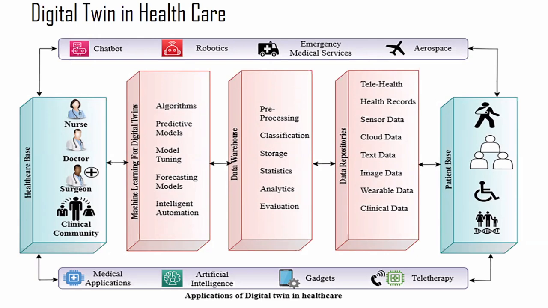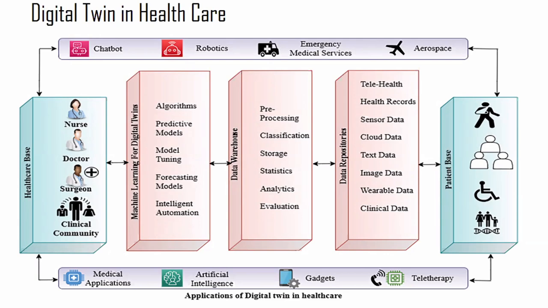That is the first step to implement this digital twin. It includes patient medical images, prescriptions, or any kind of sensor data. As I told, we collect the data from the physical objects from different data sources. You see here telehealth, health records, sensor data. So IoT can be used for this digital twin technology.